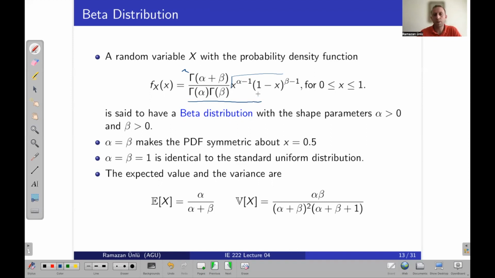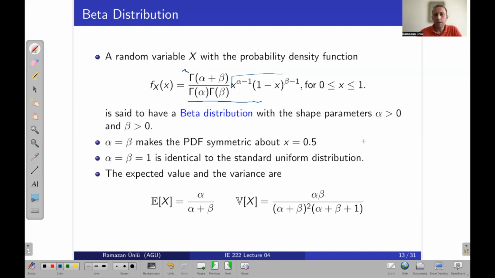If you don't remember it, please check the previous lectures. That multiplication is similar to the uniform distribution, and x will range between 0 and 1, and both of them are included. So alpha and beta make the PDF symmetric about x equal to 0.5.